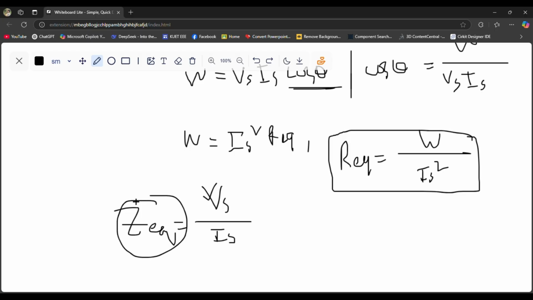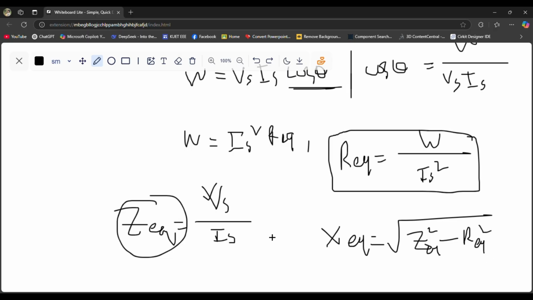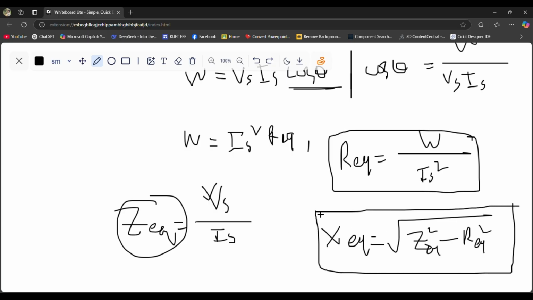If we can get Z equivalent, then we can easily get X equivalent, which is the square root of Z equivalent squared minus R equivalent squared. So we have found X equivalent.